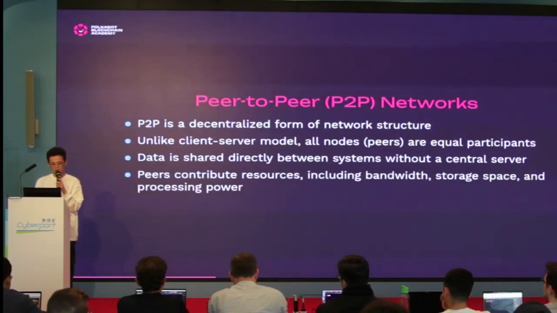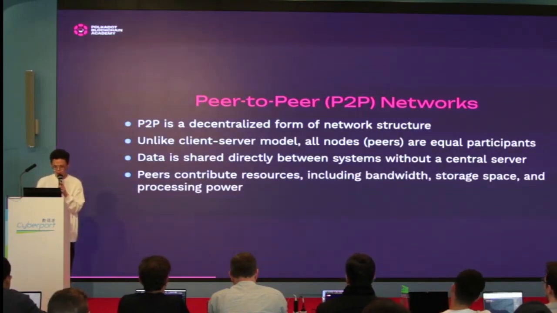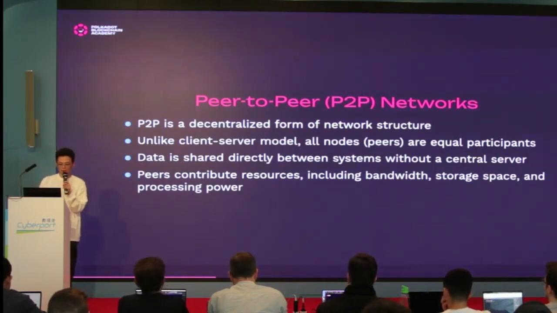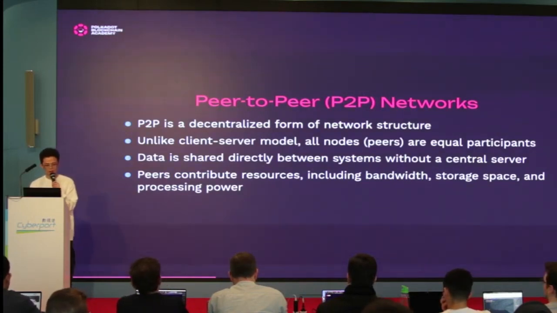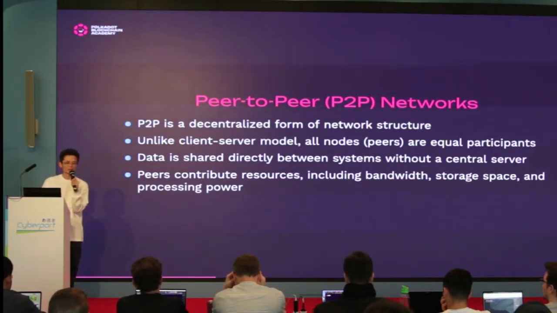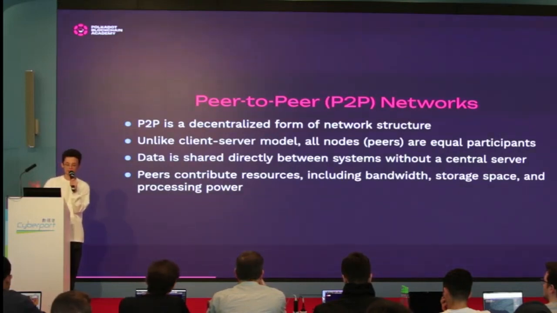Peers contribute resources, including bandwidth, storage space, and processing power. So how can the peers contribute resources? First, bandwidth. When you are transmitting some data to others, you need to use your bandwidth. At a certain amount of time, you can only transmit a certain amount of data at maximum.